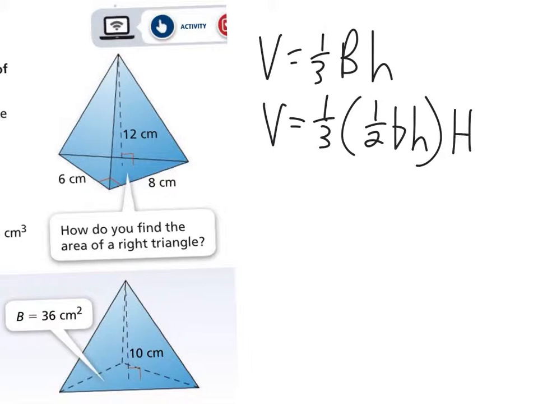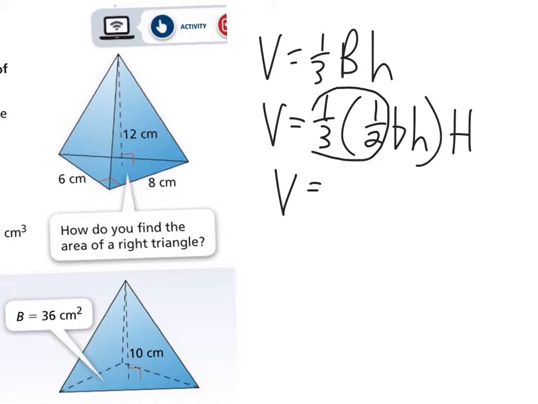And this gets a little interesting because we actually have two heights we're talking about, the height of the triangle and the height of the pyramid. So at that point, I'm going to go ahead and change the second H to a capital H for the height of the pyramid versus the lowercase h is the height of the triangle.